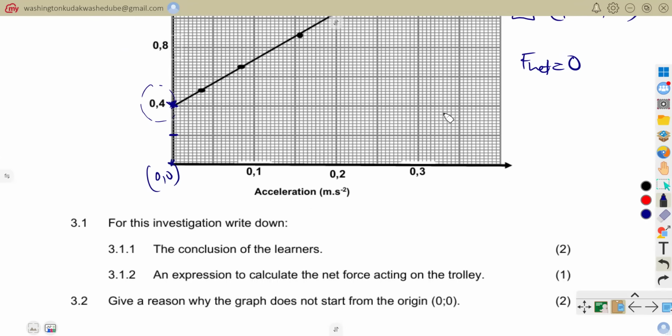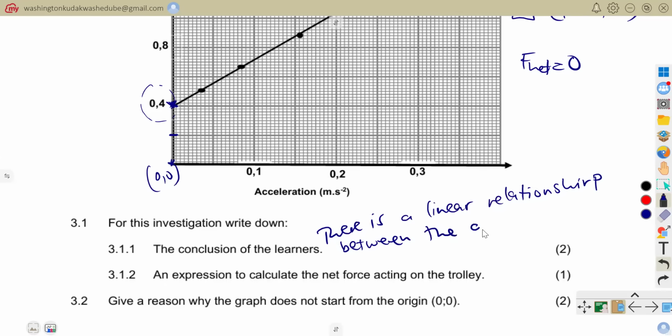Or else you can actually say that there is a linear relationship between the applied force and the acceleration.